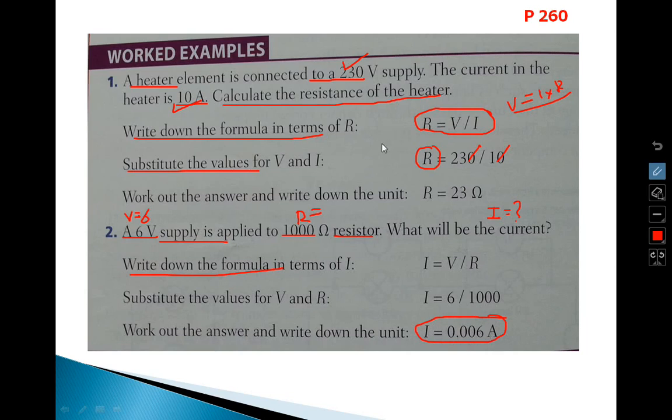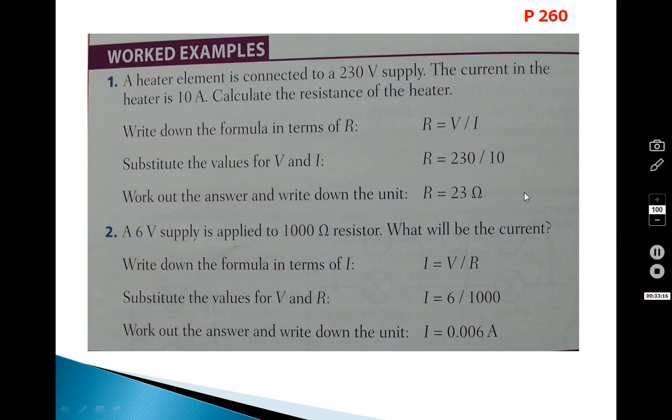This is Ohm's law. For I, V or R, any one of them, V is equal to I times R, so it's easy to find any one of them.